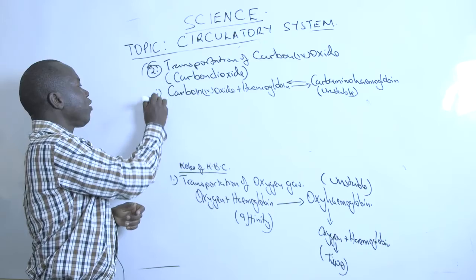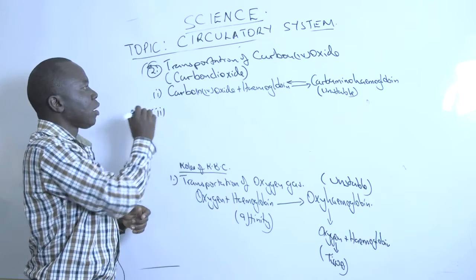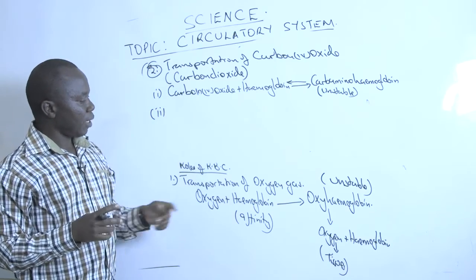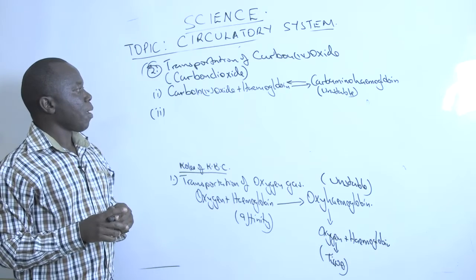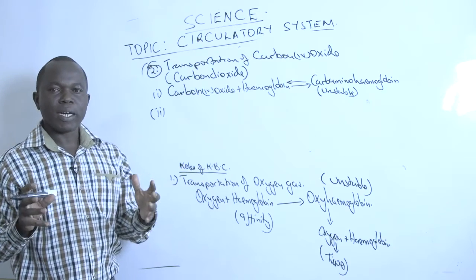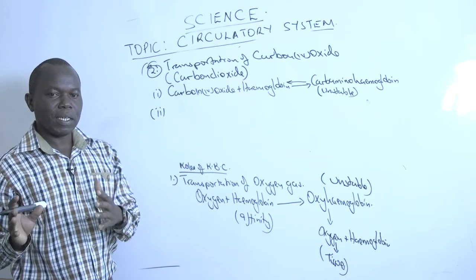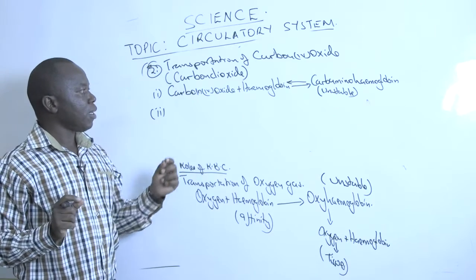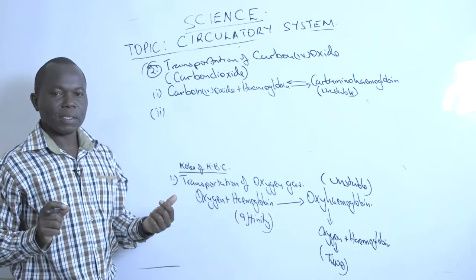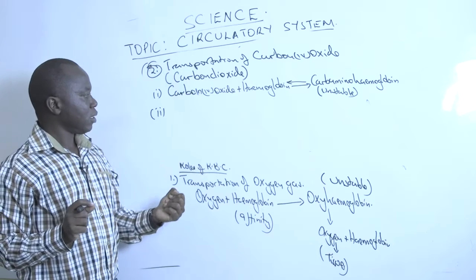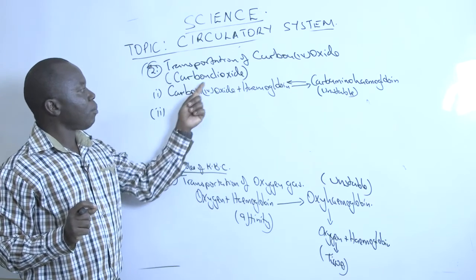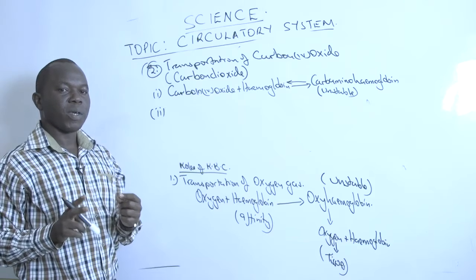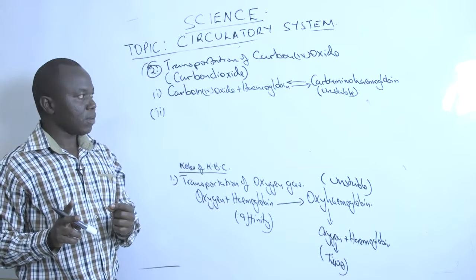But that's not the only way in which carbon dioxide is transported by red blood cells. Just like any other cell, red blood cells have cytoplasm. In the cytoplasm of red blood cells, there is water. In that water, carbon dioxide is going to dissolve, forming weak carbonic acid.